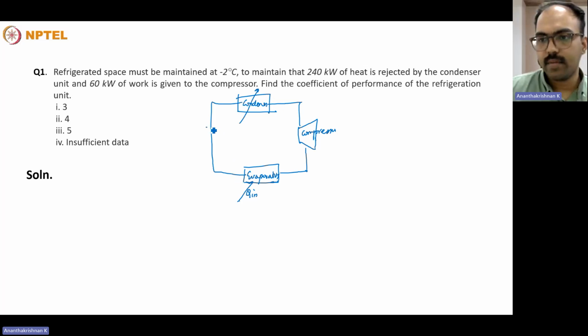And then there will be a throttling valve that changes the temperature as well as the pressure, bringing it back to the evaporator inlet temperature.